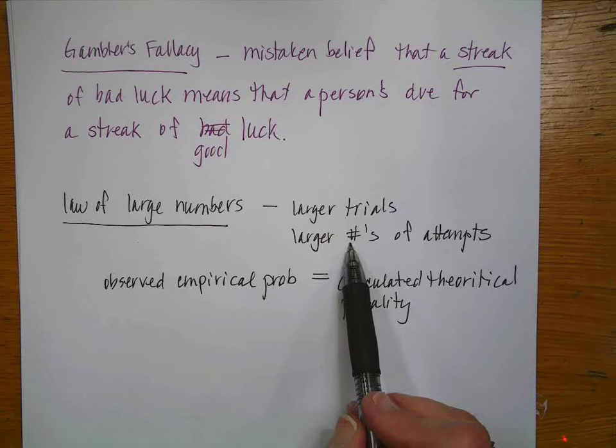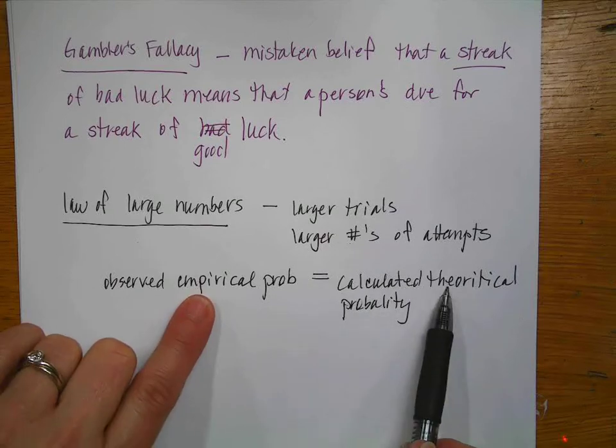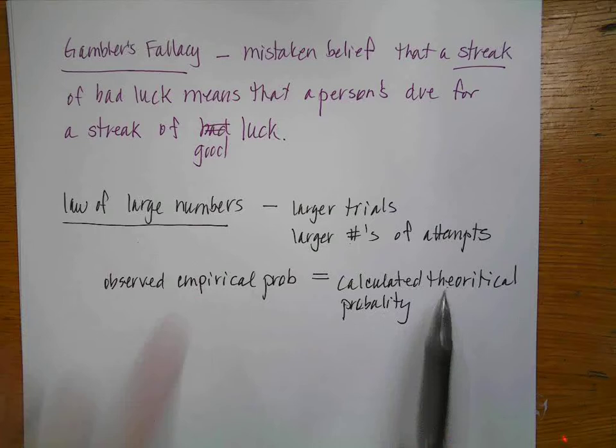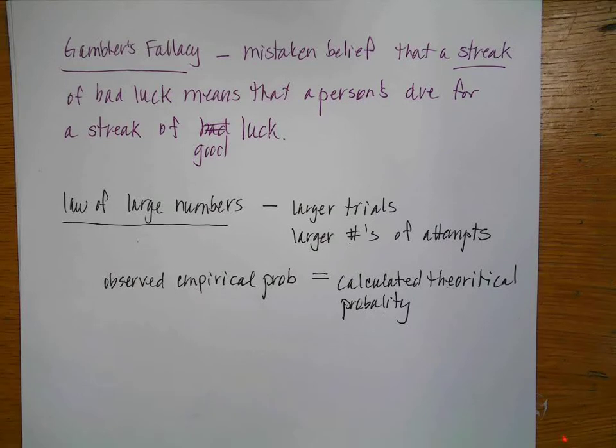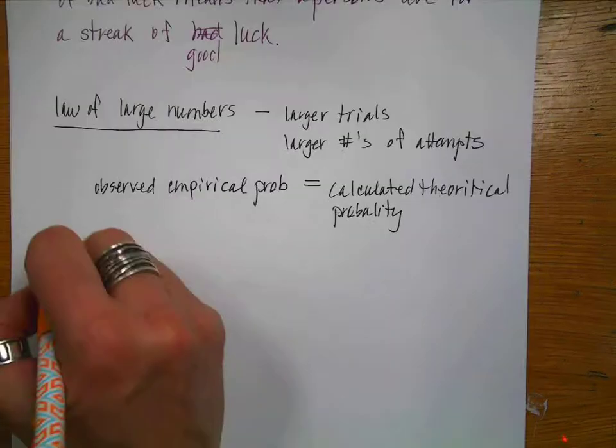So the more times you do a trial, the larger those numbers get, the theoretical probability and the empirical probability are actually going to equal.